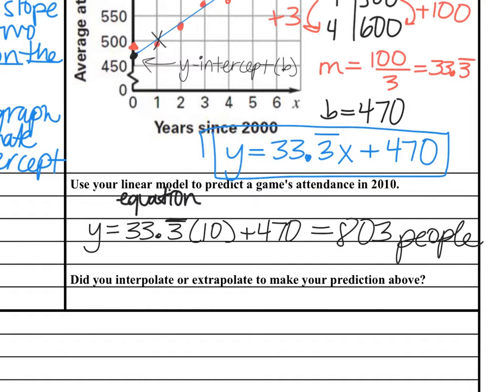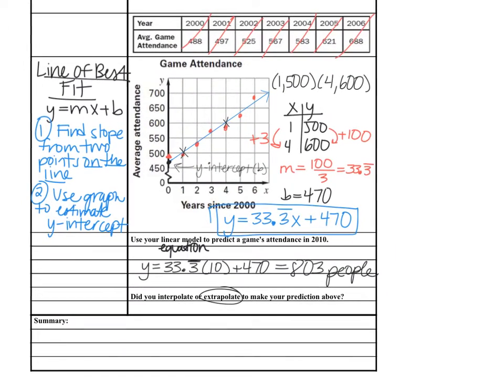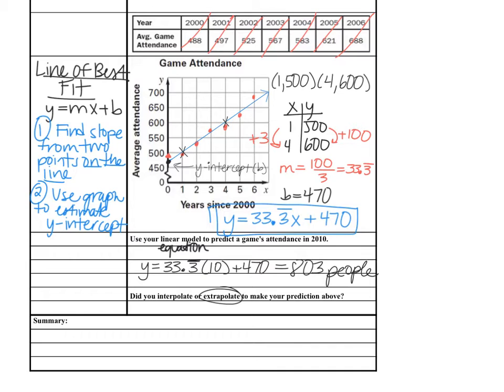Did you interpolate or extrapolate? Interpolate means it was inside the original points. Extrapolate goes outside. Cole, why does it extrapolate? Because it's 803 people, which is above all of the data points we have. Also, 2010. Was 2010 in the table before?